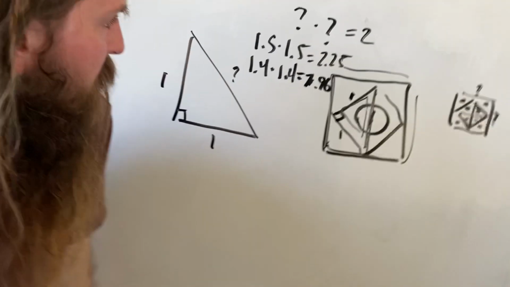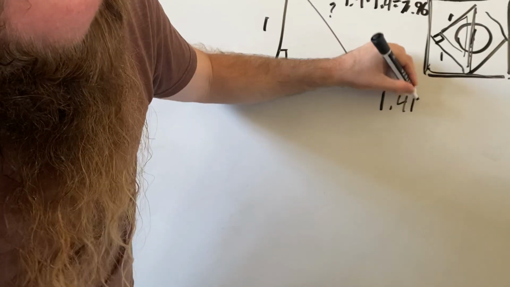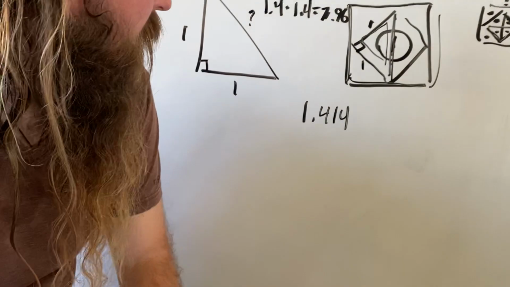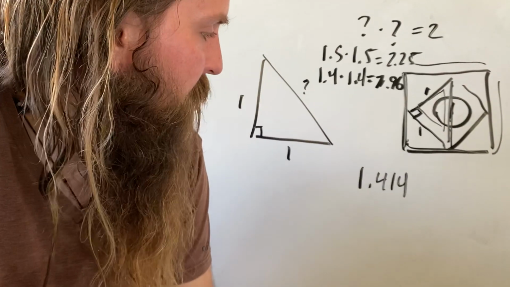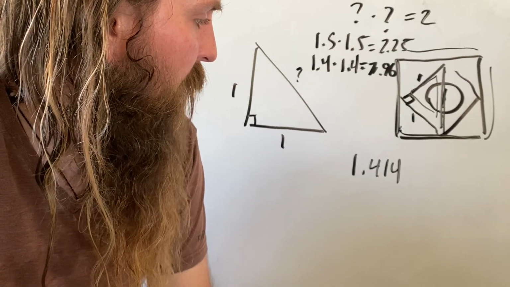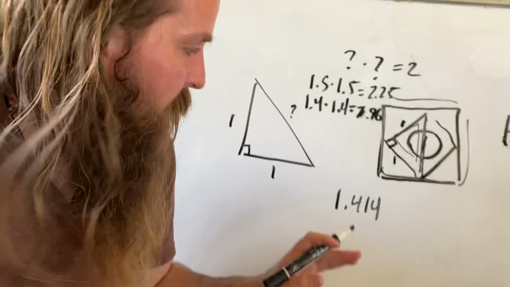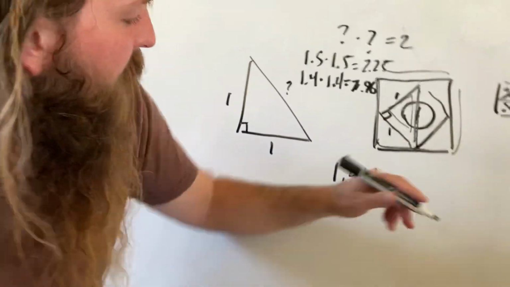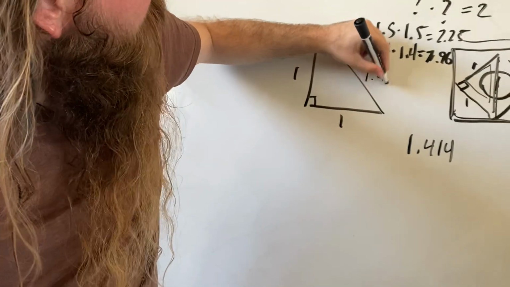So we know it's between 1.4 and 1.5, and it just so happens the answer is 1.414 if we were to use a calculator. And we could go and guess each number until we got the answer, and there's various ways we could find this. But the point is that the question mark is 1.414.